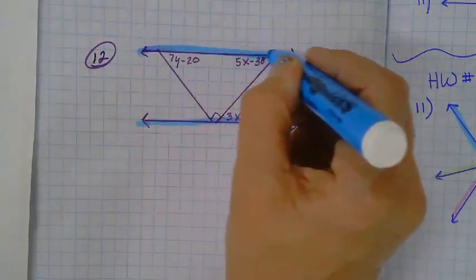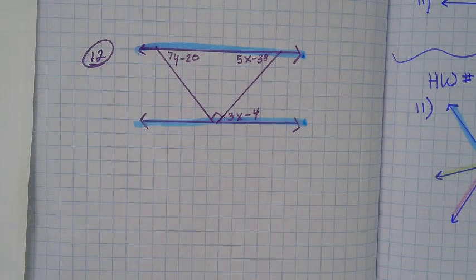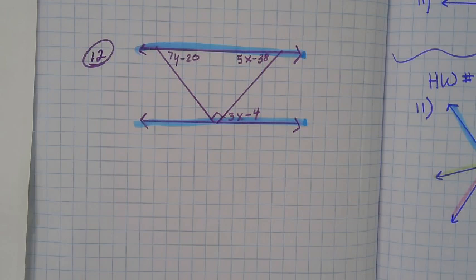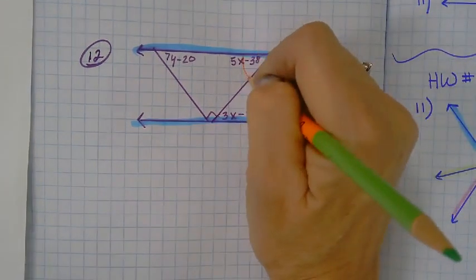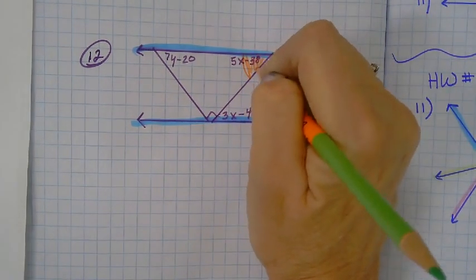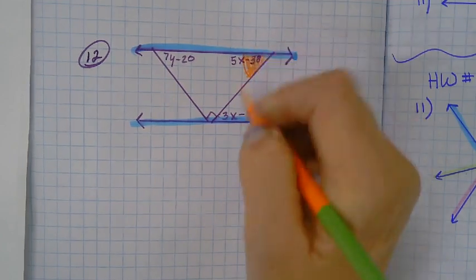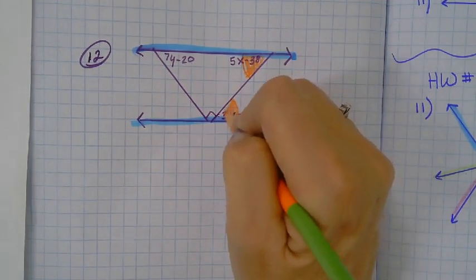So if we look at our two transversals, our two parallel lines are right there. And then if I look to start to solve for x, here and here are my expressions with x.